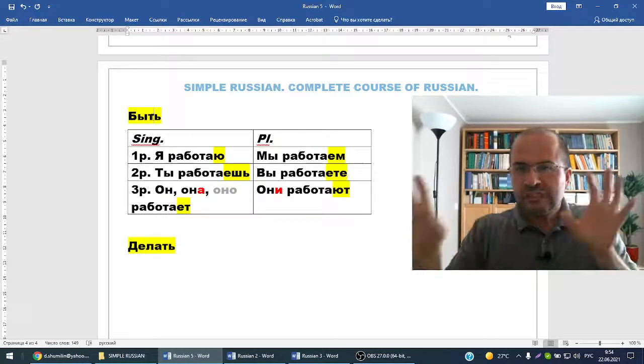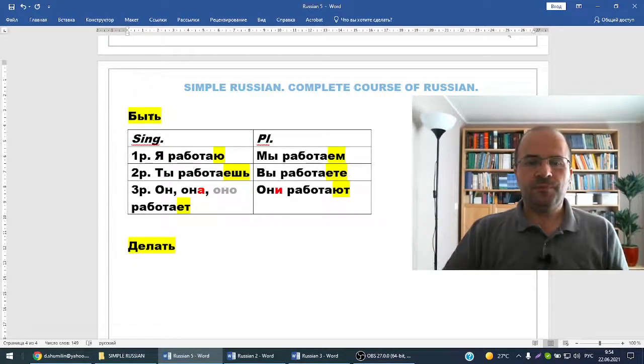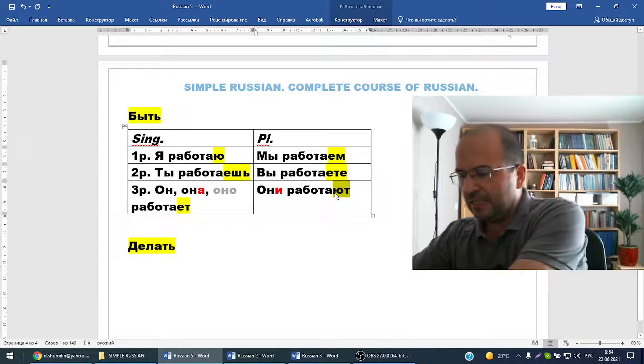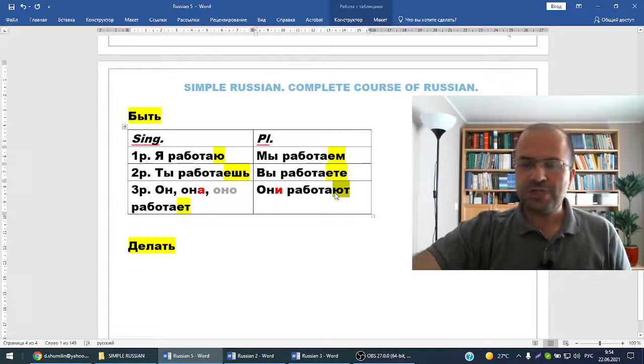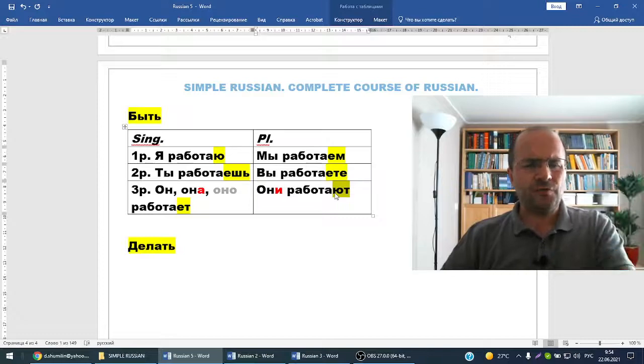So how do you distinguish between conjugation 1 and conjugation 2? The 2 means that you have different endings, okay? Sorry, this is the first conjugation, I just made a mistake.